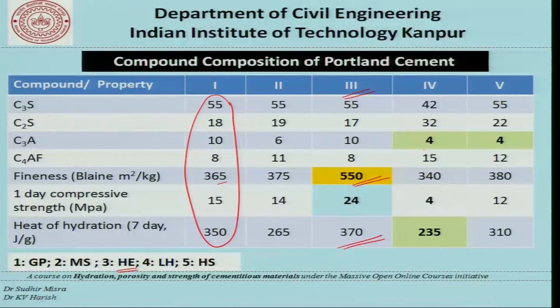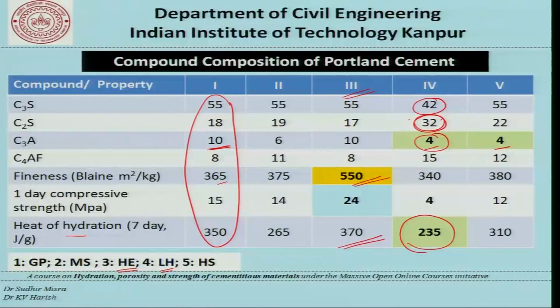Similarly, if you look at type 4 and type 5, the C3A content is lower than what we have in type 1. Similarly, when it comes to the heat of hydration, in the case of type 4, which is a low heat of hydration cement, we are talking of 235. Now how this 235 is achieved is by reducing the C3S and the C3A and increasing the C2S content.